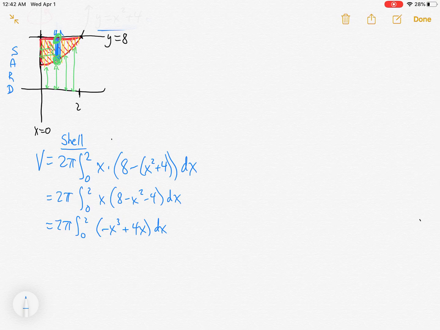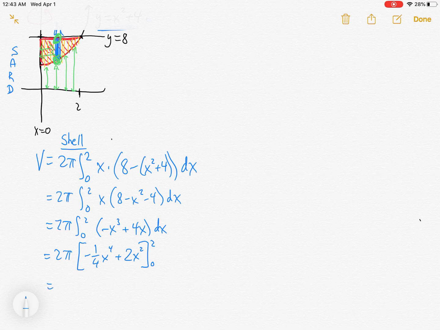Is that right? Yes. So now we integrate, and that becomes negative 1/4 x to the 4th plus 4 times 1/2 x squared. 4 times 1/2 would be 2x squared.